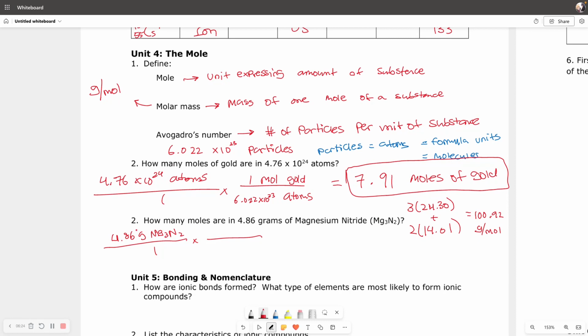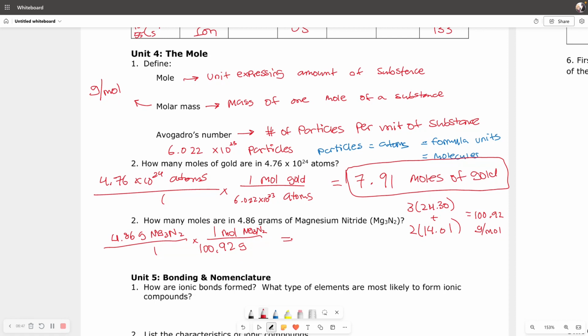Using that number, we can cancel the grams. So we're going to put 100.92 grams per 1 mole of magnesium nitride. Once we have that, our grams cancel and we're left with moles, which is exactly what the question is asking for.